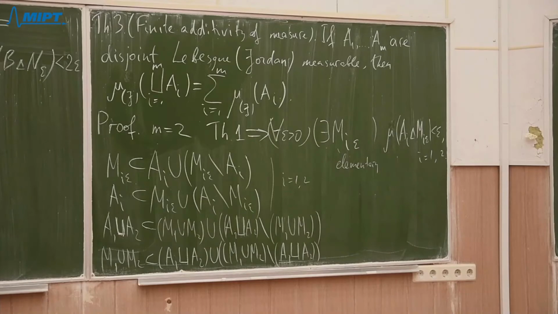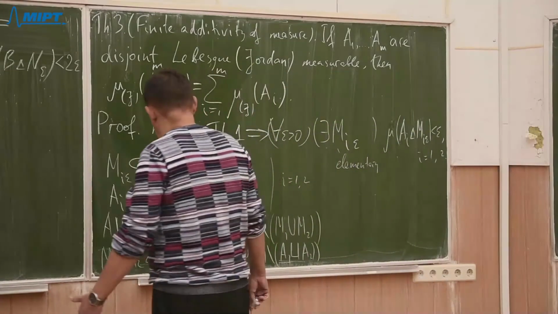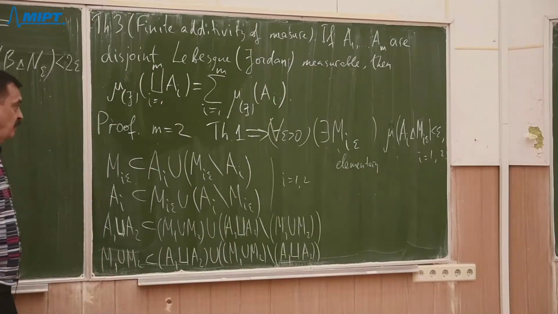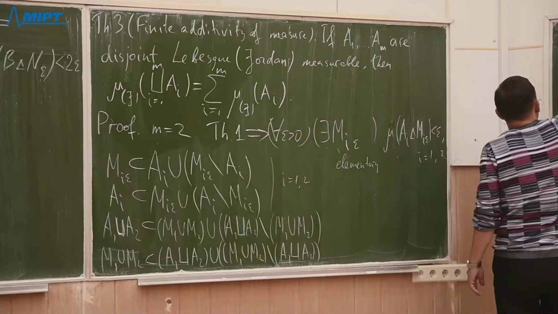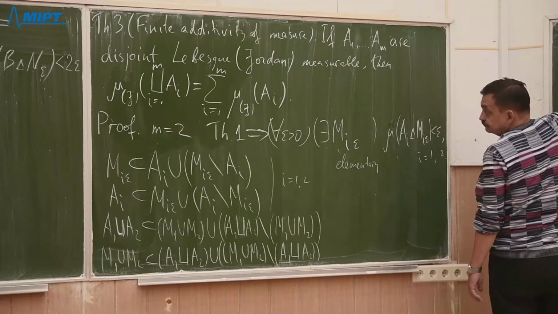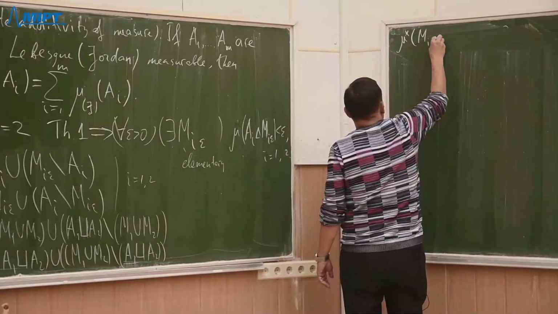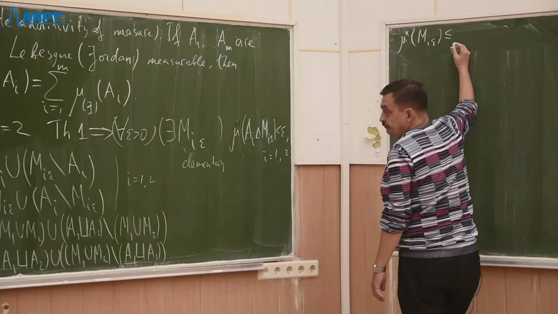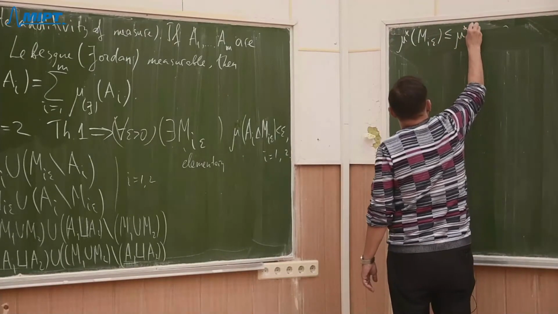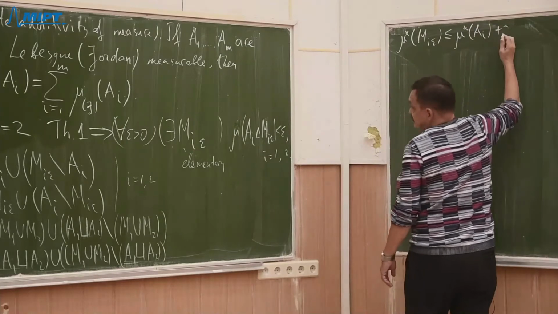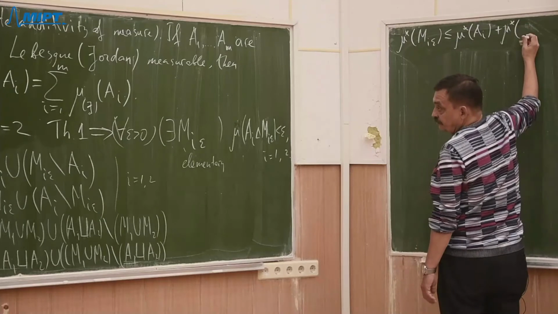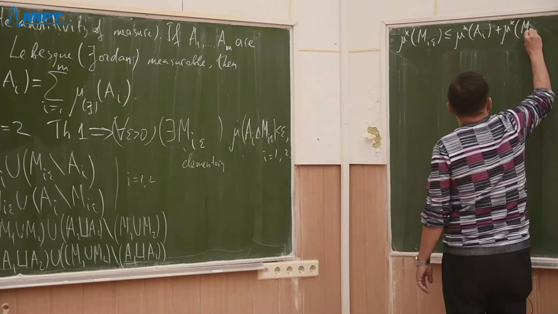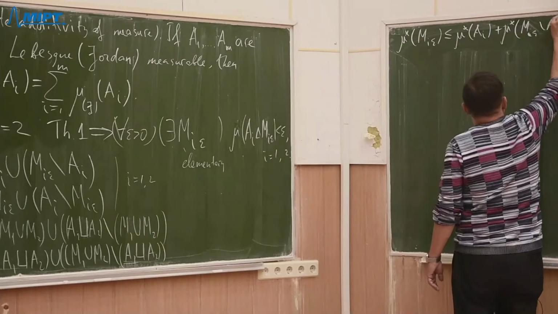And after that, I'll use properties of the outer measure. They give, for example, μ* of M_i,ε less than or equal to the sum of μ* of A_i plus μ* of M_i,ε minus A_i.